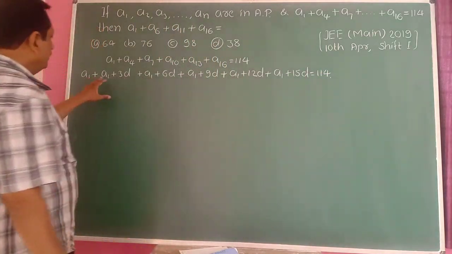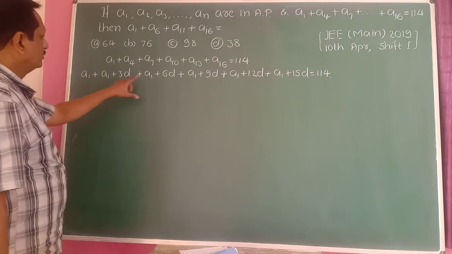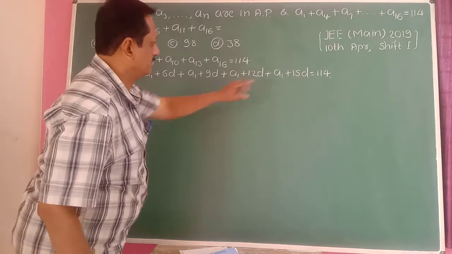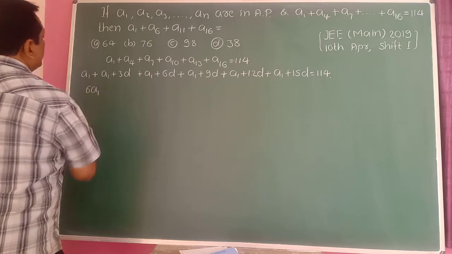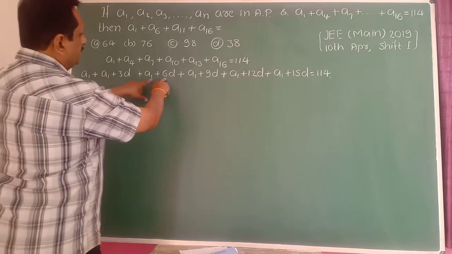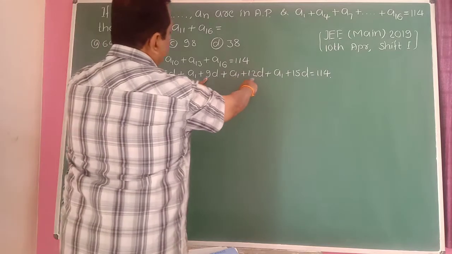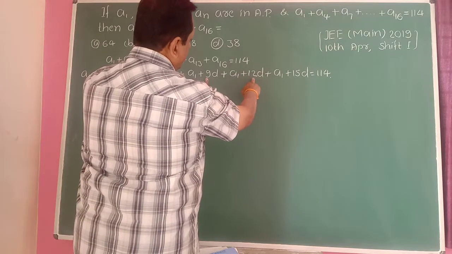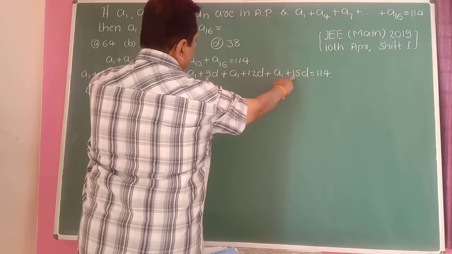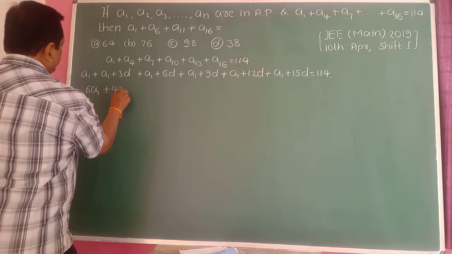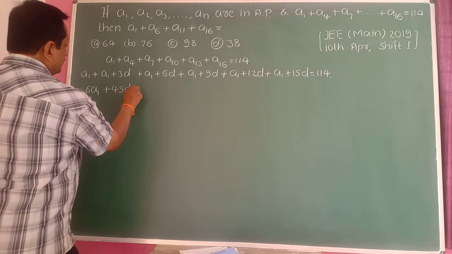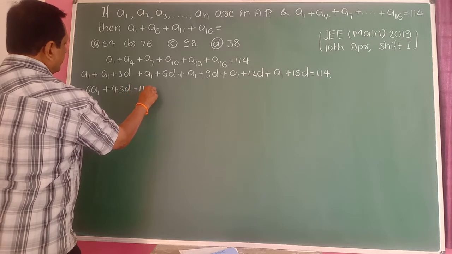Then A1 and so on, 1, 2, 3, 4, 5, 6, six times A1, so write 6 A1. Then 3 plus 6 is 9, 9 plus 9 is 18, 18 plus 12 is 30, 30 plus 15 is 45. So plus 45D is equal to 114.